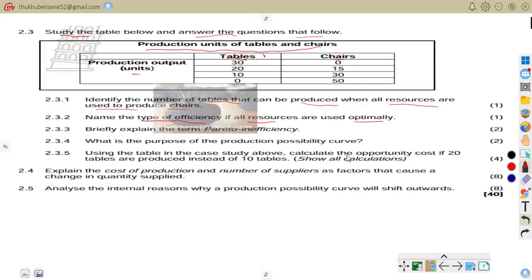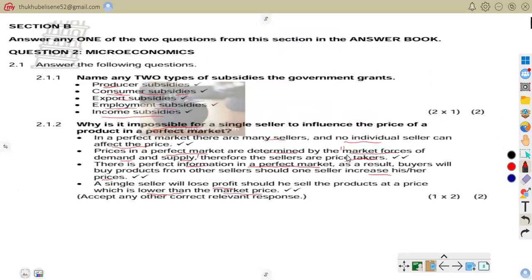Meaning we are producing goods at the lowest cost using all resources. For example, a factory using machines efficiently with no waste in production. We call that productive efficiency.